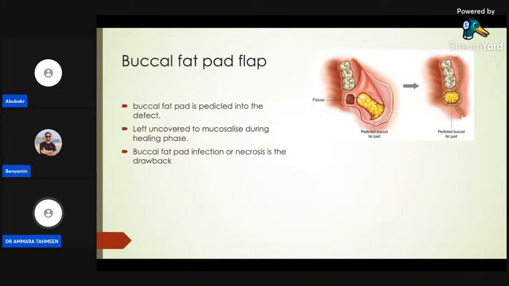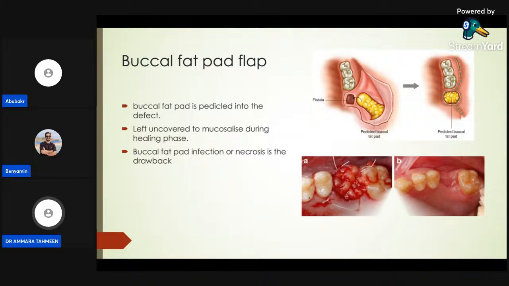Otherwise it has given very beautiful results clinically, and it is advocated by many surgeons worldwide nowadays. It is commonly carried out for oroantral communication, usually in the third molar region, or the region posterior to the third molars.